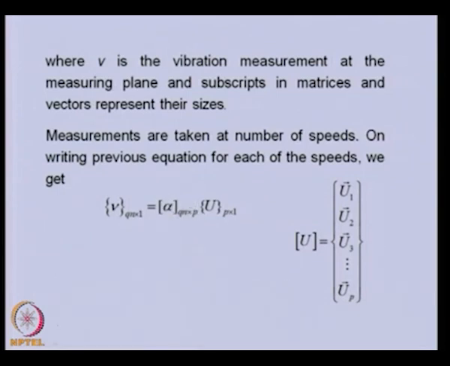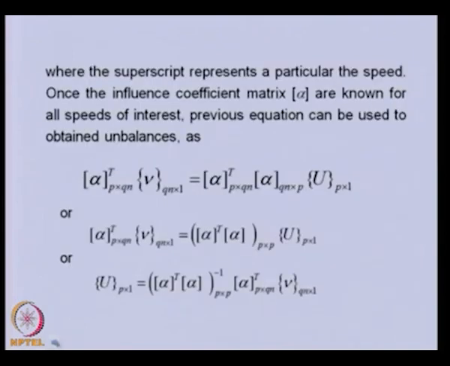So we are following this procedure to make it square. First, to that particular equation we multiply the transpose of the alpha matrix on both sides. Now you can see earlier the size of this matrix was q n into p. So transpose will be p into q n. So this will be of size p into p.